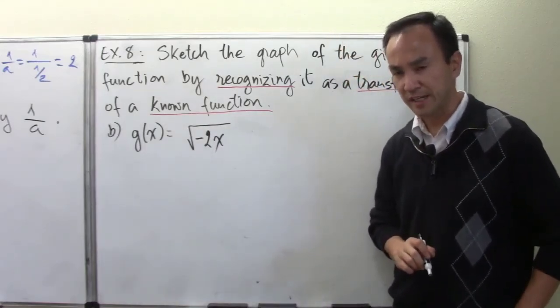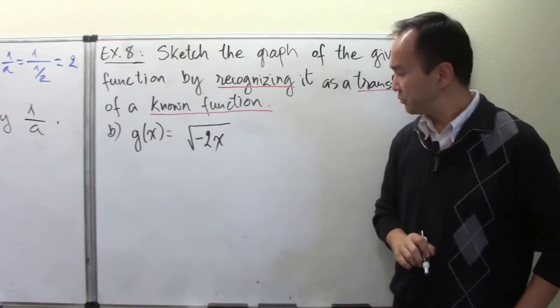Square root of minus 2x. All right, so let's now get into graphing it.